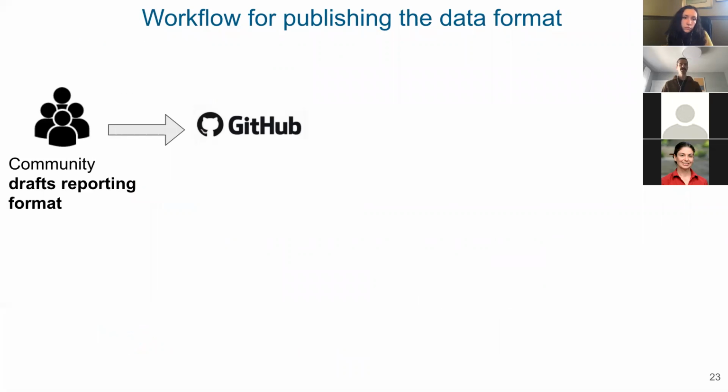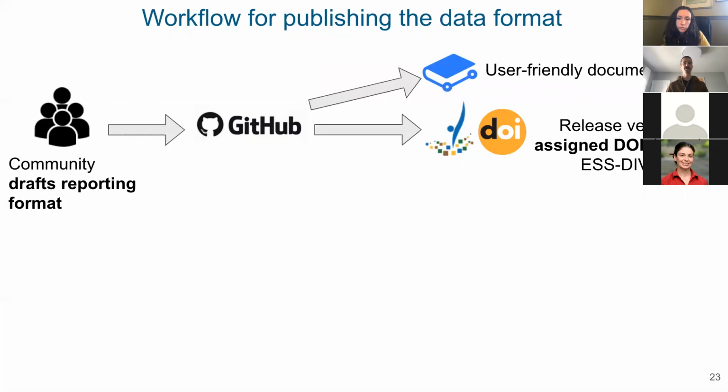And to wrap things up, I just want to outline the workflow from moving from our data format development to GitHub and beyond. So community researchers draft the reporting format and then move the documents to the GitHub repository that we set up with our community partners and community teams. When a version of that reporting format is finalized, it's then pushed over to a Gitbook, that's the user-friendly documentation, and also uploaded to the ESS-DIVE repository where it's issued a DOI.